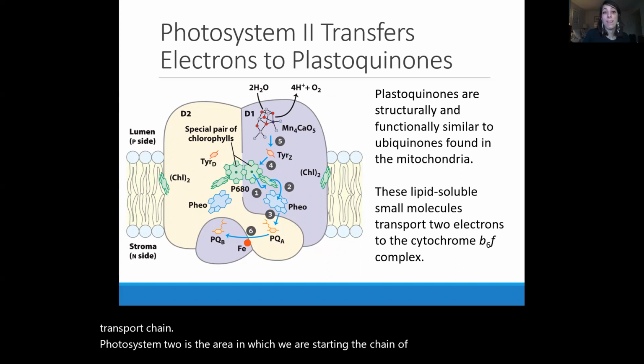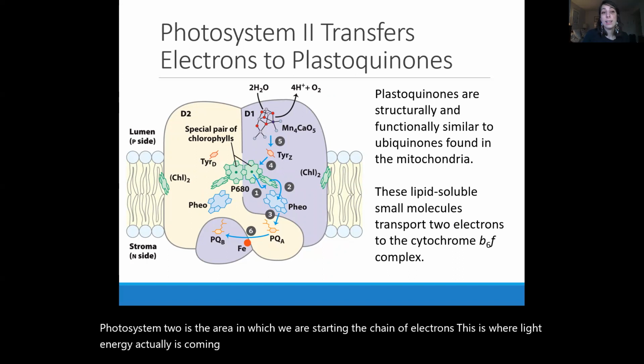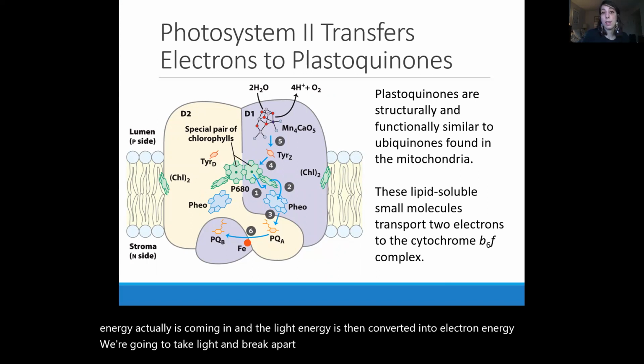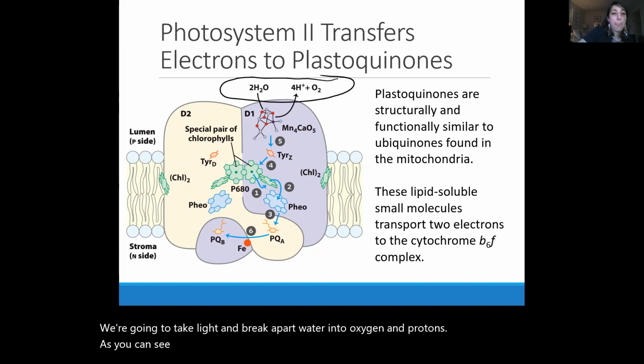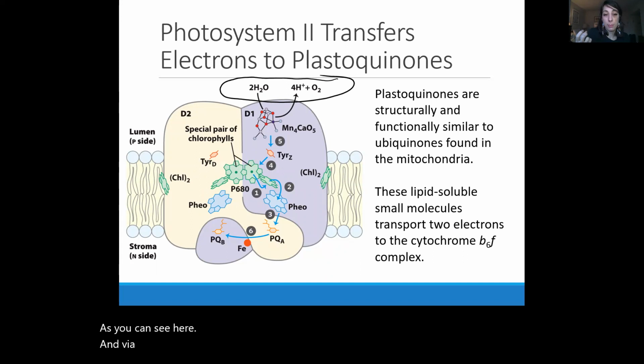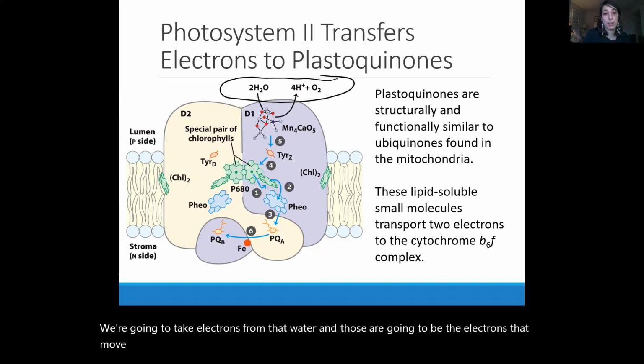This is where light energy actually is coming in, and the light energy is then converted into electron energy. We're going to take light and break apart water into oxygen and protons, as you can see here. And via this breaking, we're going to take electrons from that water, and those are going to be the electrons that move through the rest of the complex.